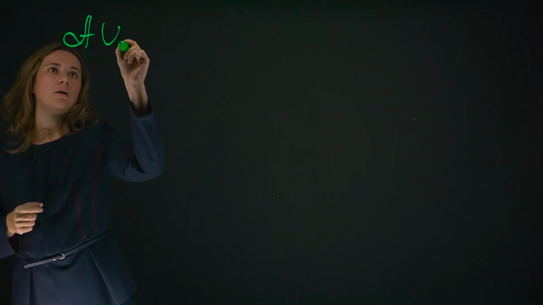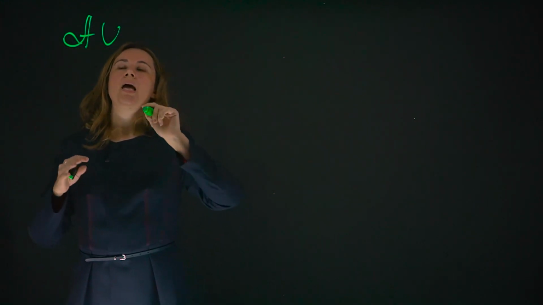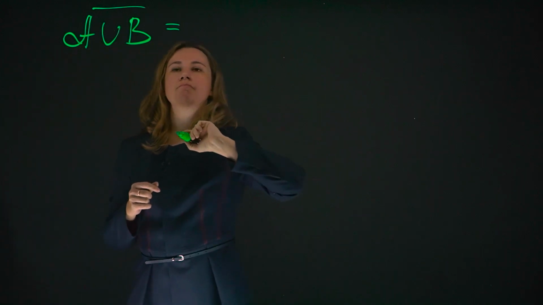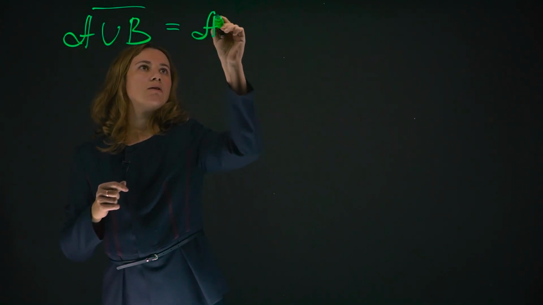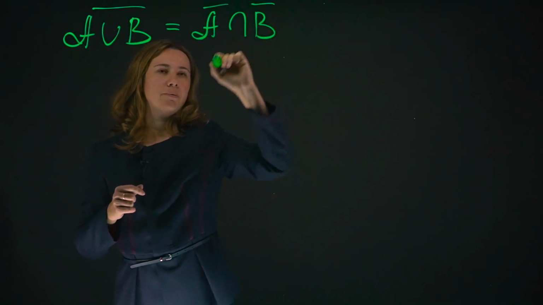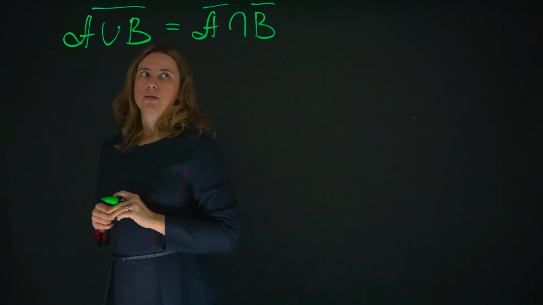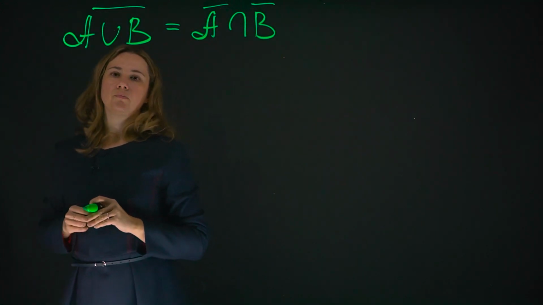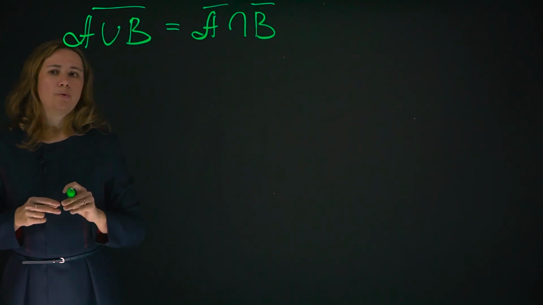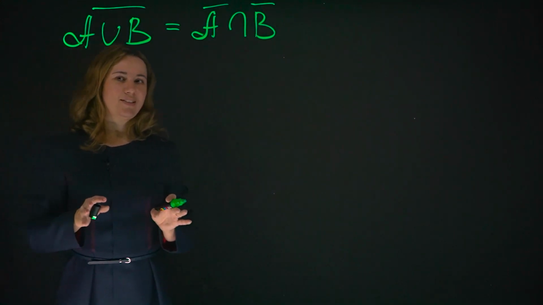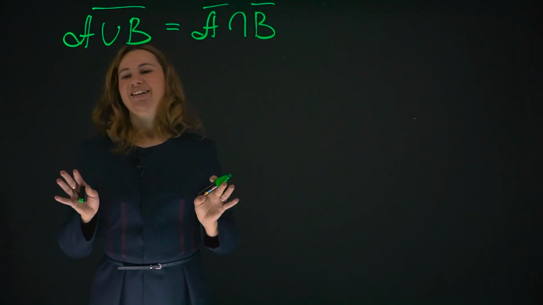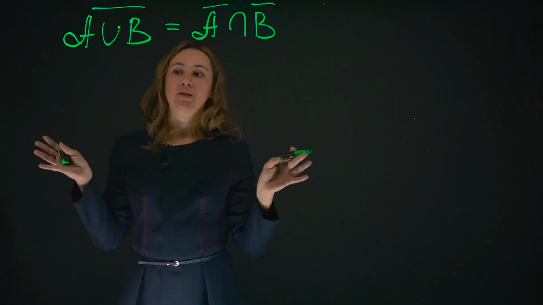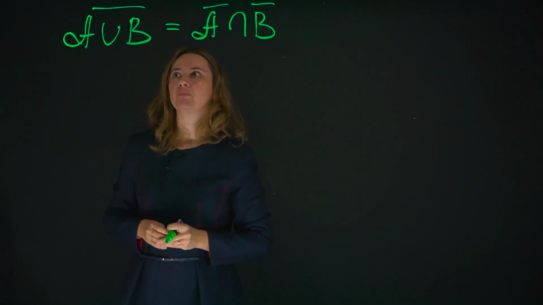Not A union B is not A intersection not B. Let's try to prove this identity. Probably last time I said the inequality, of course, it's a mistake because, of course, we are talking about identities.